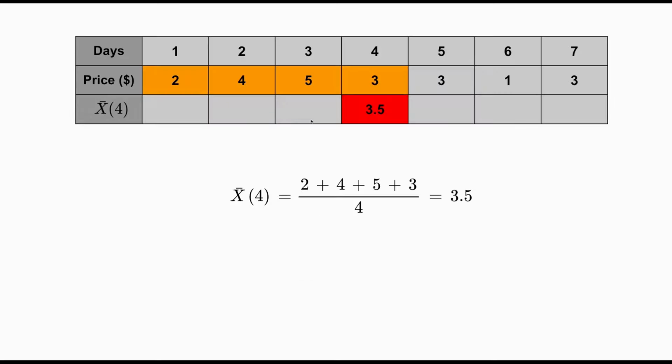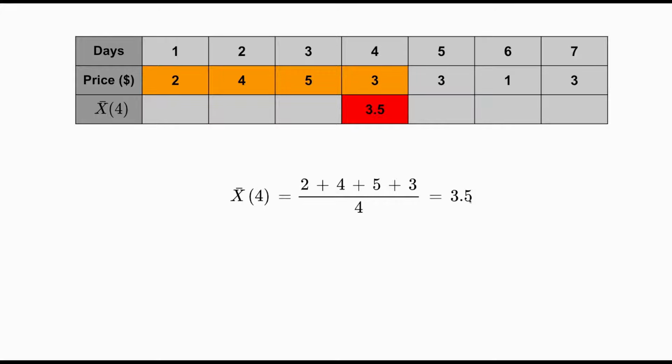For instance, consider we want to calculate the average price of an asset in a 4-day window, which here is represented by the orange color. The price of the asset on day 1 was 2. On day 2, it was 4. On day 3, it was 5. And lastly, on day 4, it was 3. Using the equation of average, the number we end up with is $3.5.